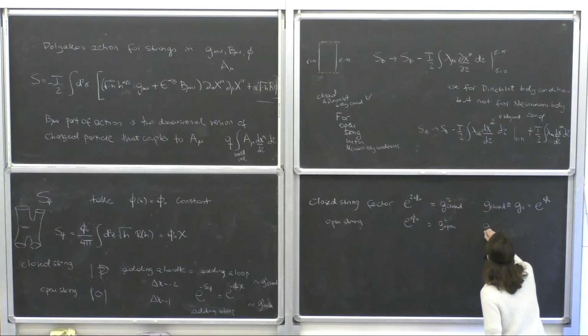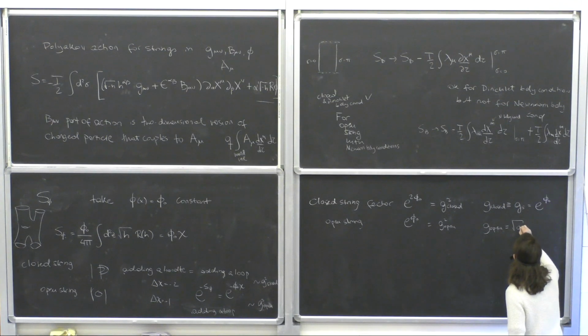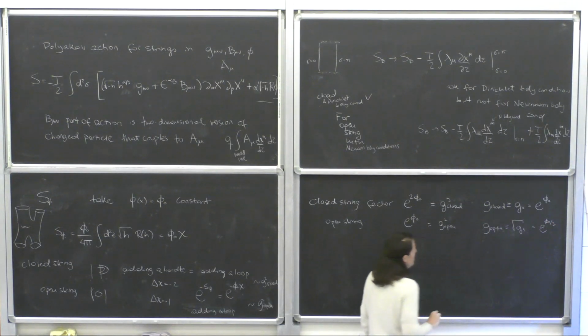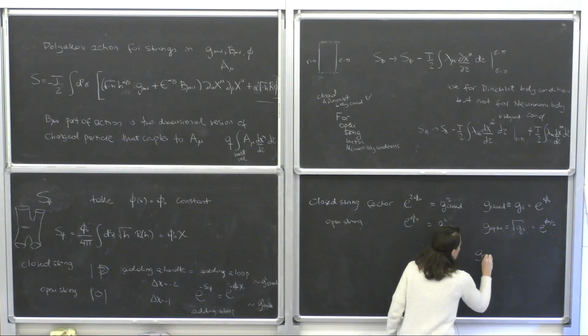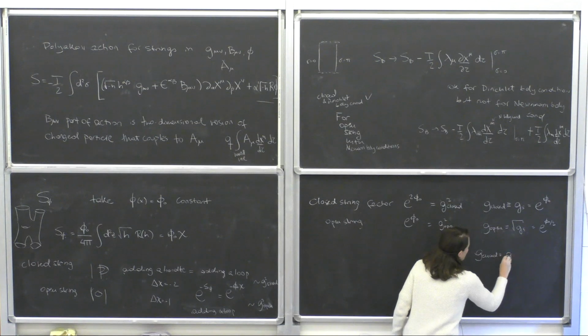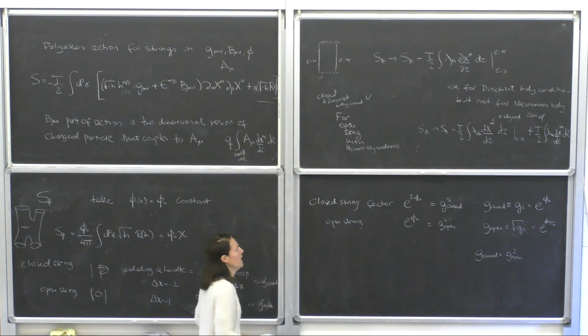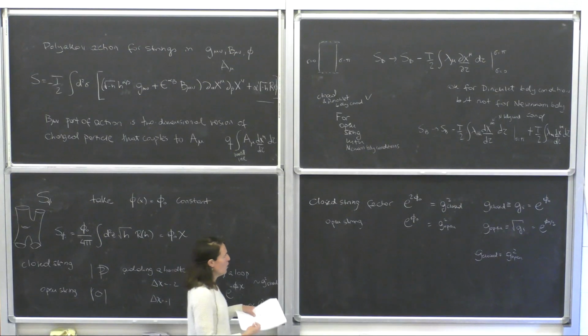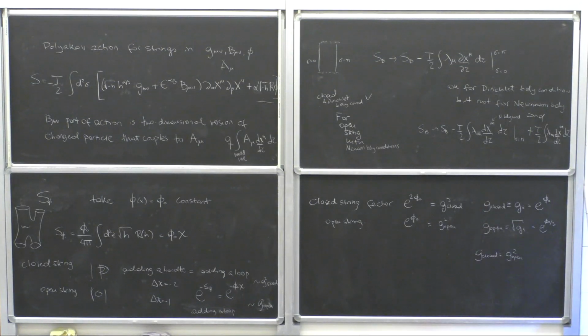And g open is the square root of g string, e to the phi 0 over 2. Or g closed is equal to g open squared, which also makes sense because to make a closed string, we do the tensor product of two open strings. So this makes a lot of sense.